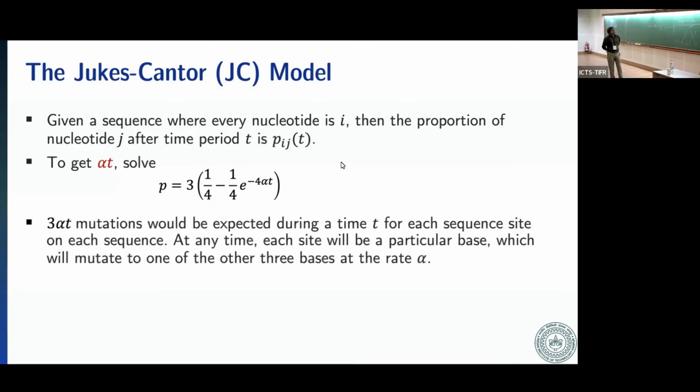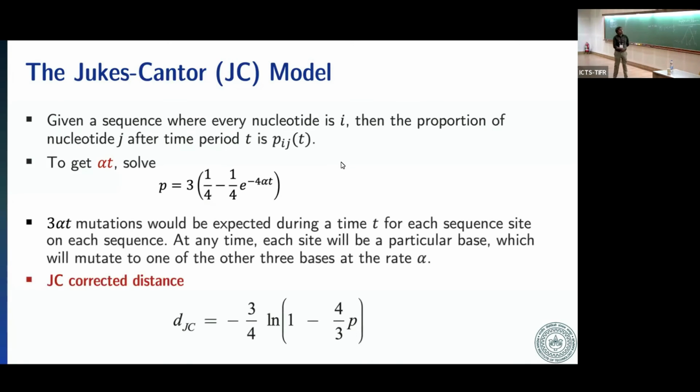Essentially, we should expect that there will be 3 alpha t mutations during a time t for each sequence site on each sequence. And after doing some more maths, we end up with the corrected distance under the Jukes-Cantor model, which looks something like this, where p is our observed distance, that is the p distance, okay?